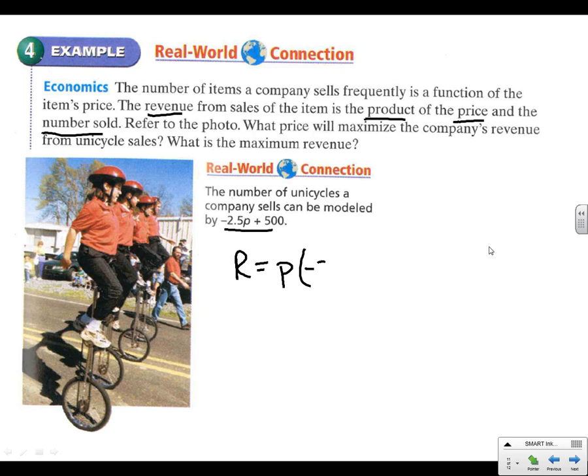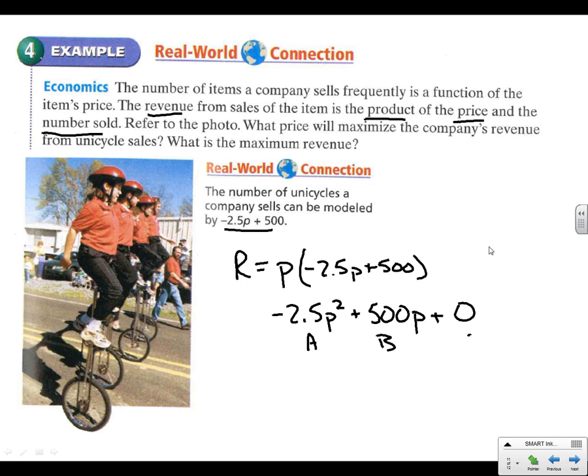So let's plug that in, negative 2.5p plus 500. All right, so if we distribute, we get negative 2.5p squared plus 500p. All right, and I'm going to put a plus 0 in on there just so we know that that's our C over there, right? We have our A, B, and C.